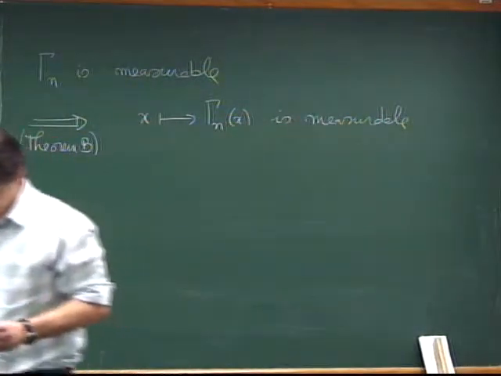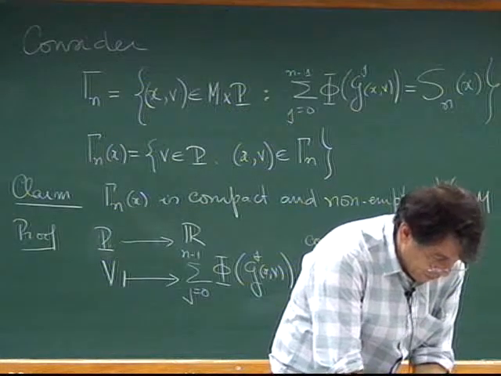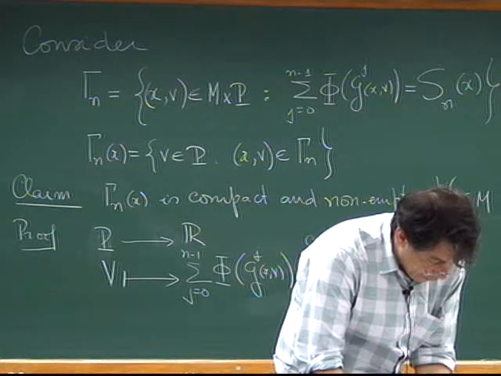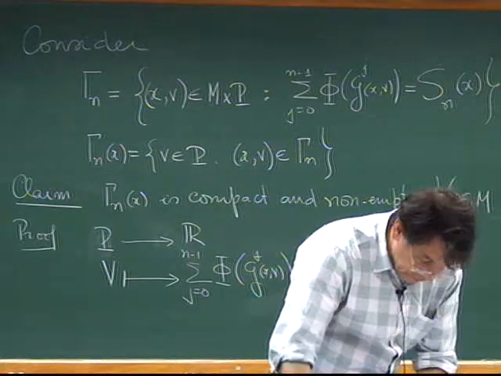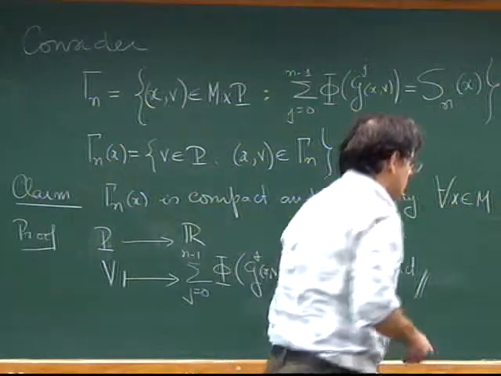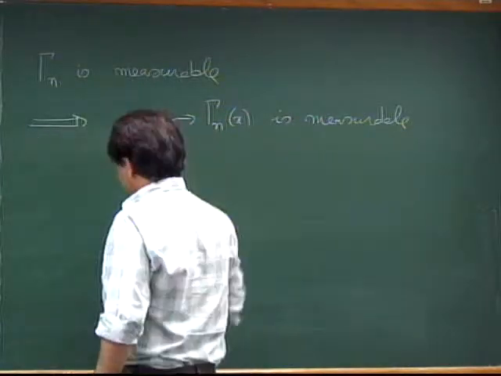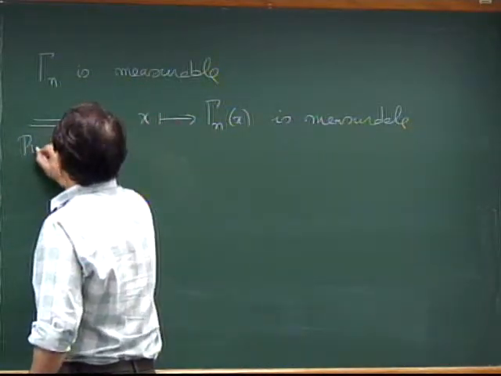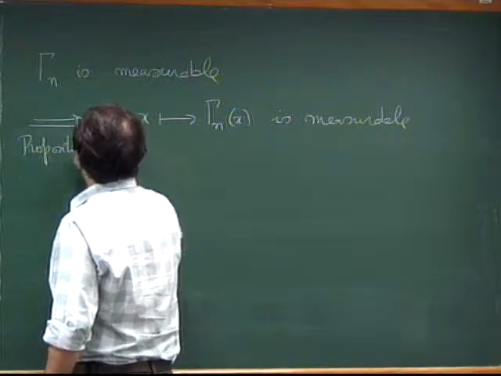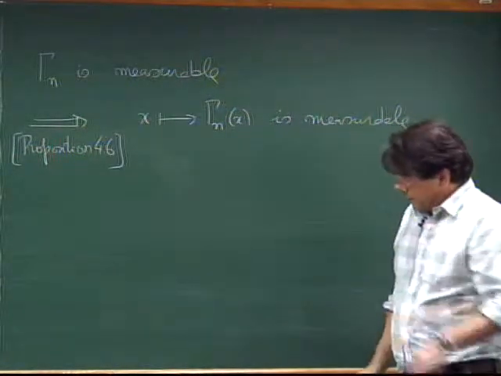Let me be a little bit more honest. It's not theorem B as I wrote it. What I called theorem B is a corollary. It's exactly proposition 4.6 in the book. Last time I stated a more geometric consequence. Proposition 4.6 in the book gives exactly this.